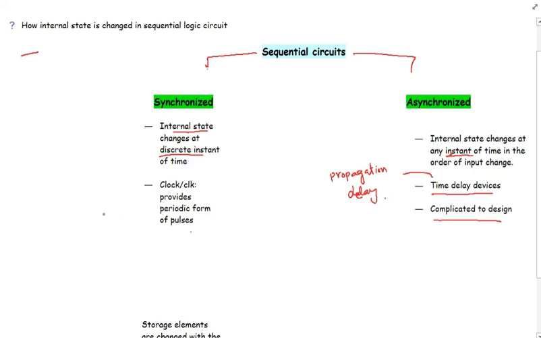Here we have a clock generator which provides us a periodic form of pulses. So a clock can be given as a periodic waveform of pulses.